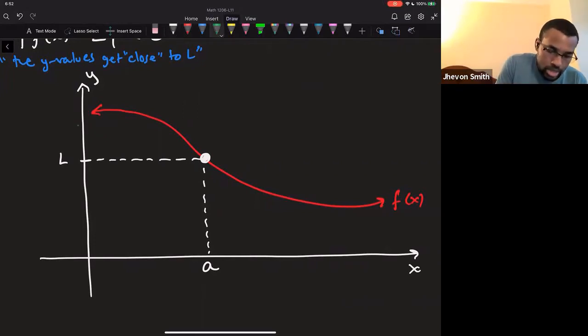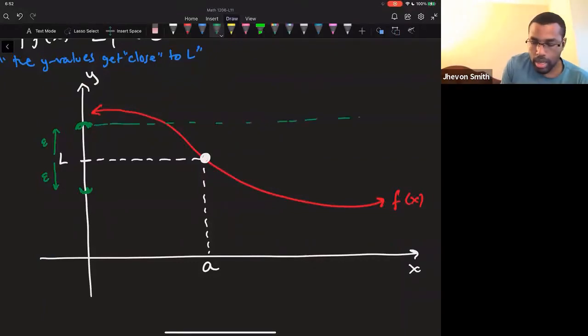So let's say there's an interval over here where it's epsilon units. So I want to get close to L within this window, right? And so that creates a window over here.